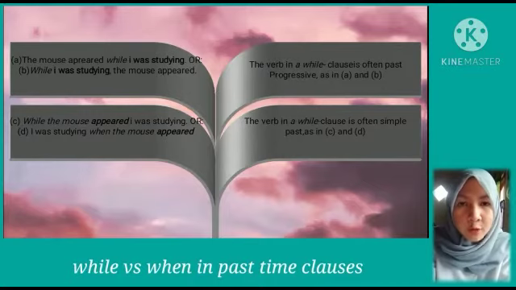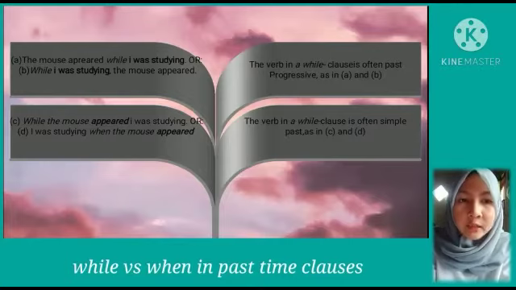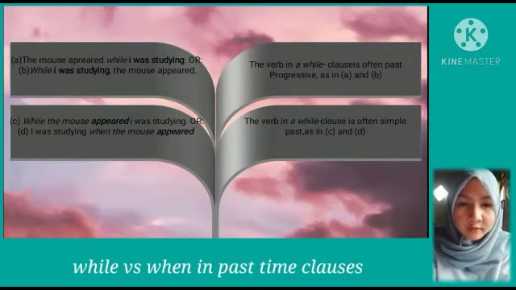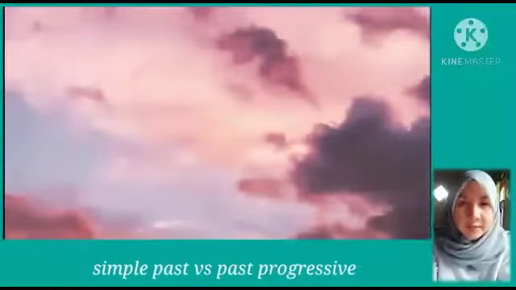For example, while I was washing dishes last night, was is changed to was washing. So, while I was washing dishes last night. Secondly, simple past versus past progressive. A. Jen called me yesterday.